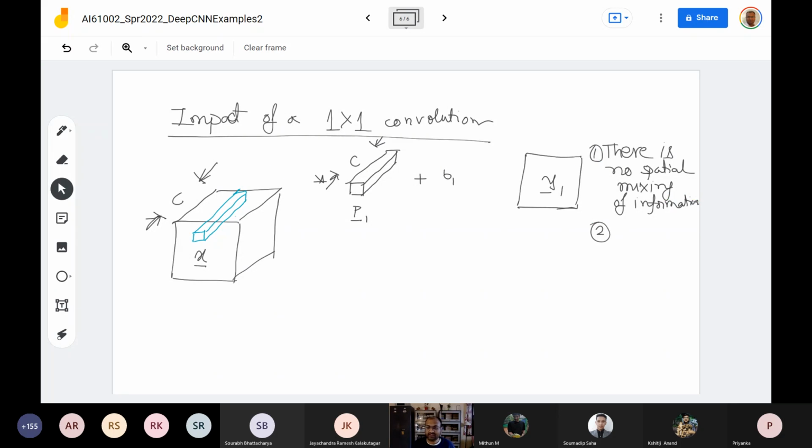So a given pixel doesn't operate with anything around it in its neighborhood. But because your span along the channel is present, there is only channel information mixing.